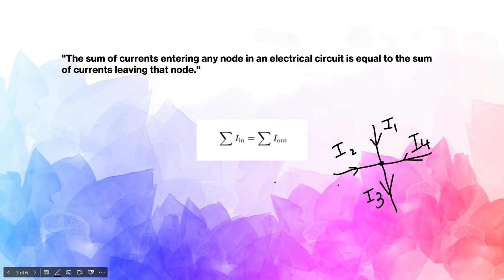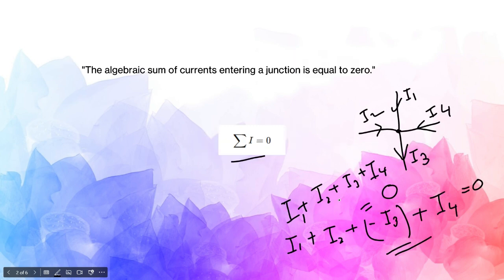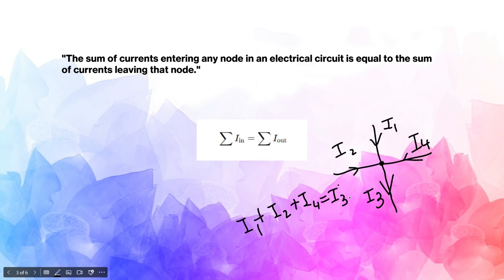So it is saying that I in, which is coming inside, that is I1 plus I2 plus I4, is equal to I3. If you look at both the equations, both are saying the same thing. So in both ways, you can represent Kirchhoff's current law.